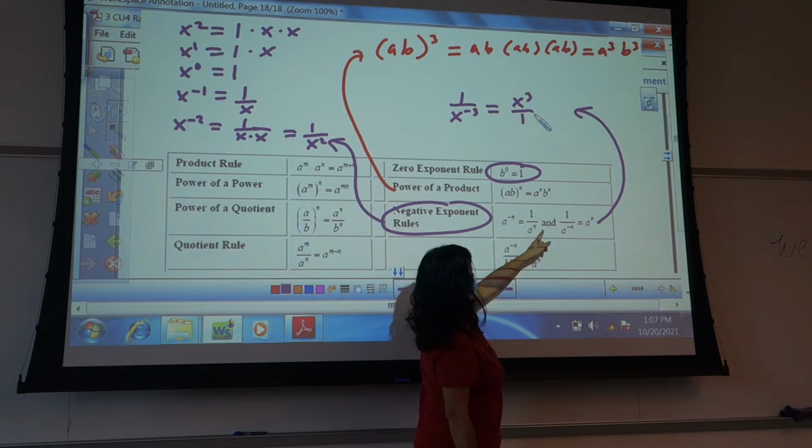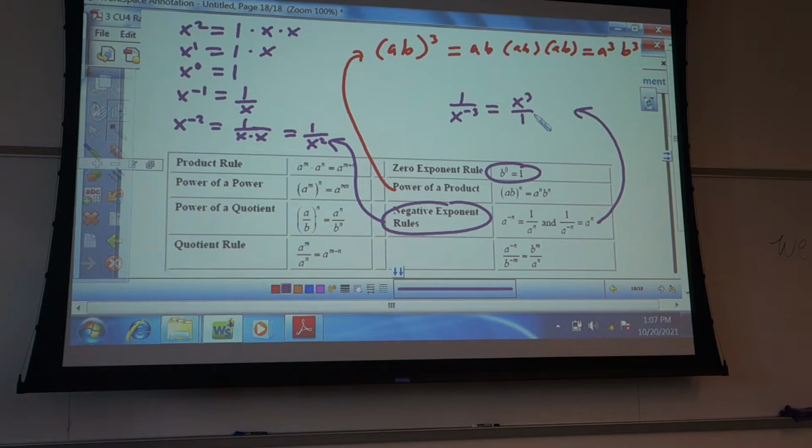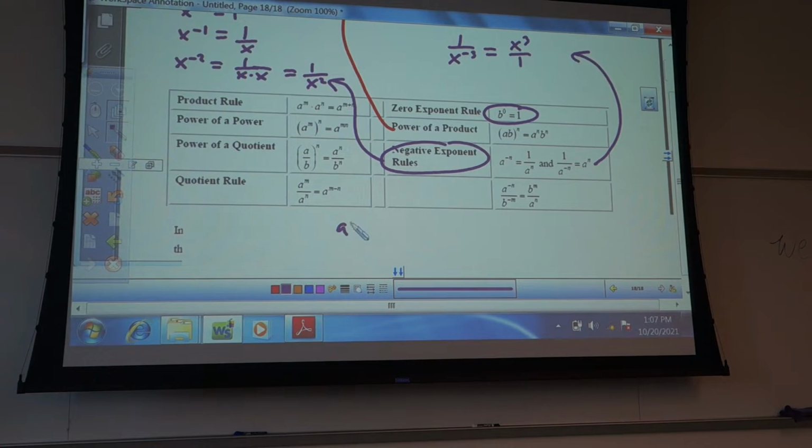So that's actually huge. That's really big. So here, for example, we have down here a to the negative n, b to the negative m. Well, I'll give you real numbers. Let's put real numbers in there. a to the negative 3, b to the negative 2. It's the same thing as moving it to the opposite side. So I see a negative exponent on top, I put it to the bottom.